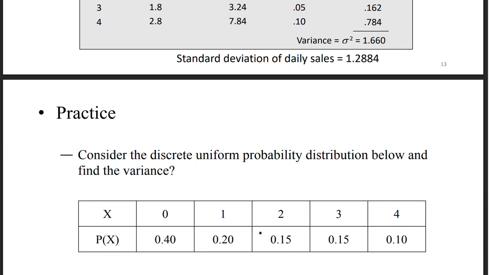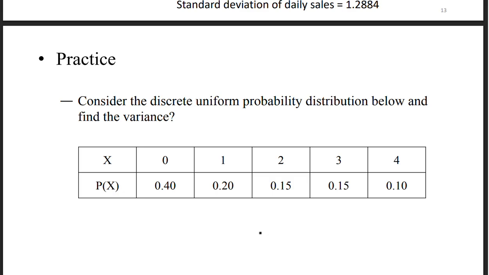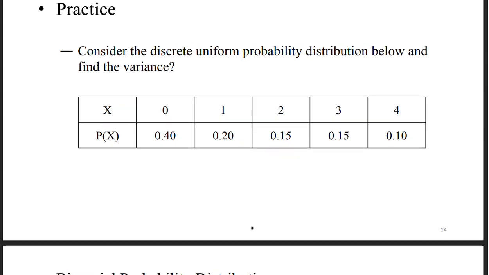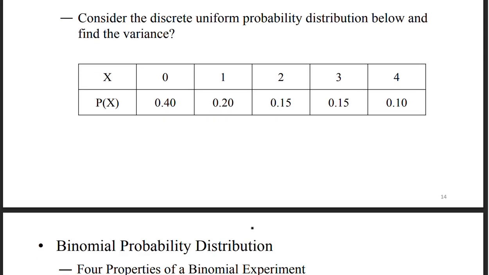I want you to spend some time on this and calculate the variance for this example here. So here we have another example. I want you to spend some time on it and calculate the variance and standard deviation for that.